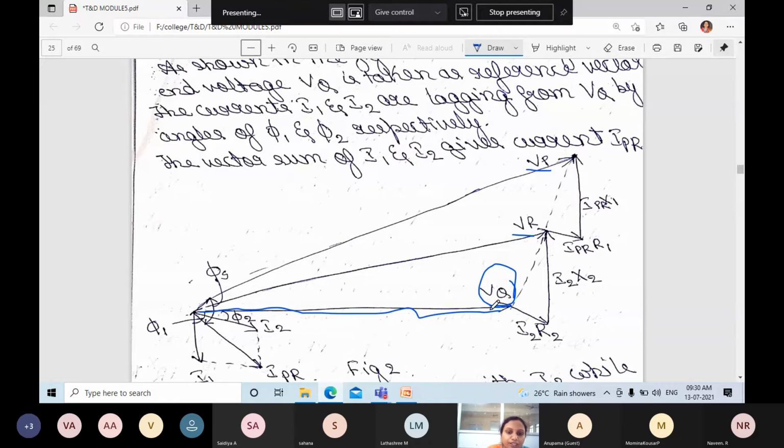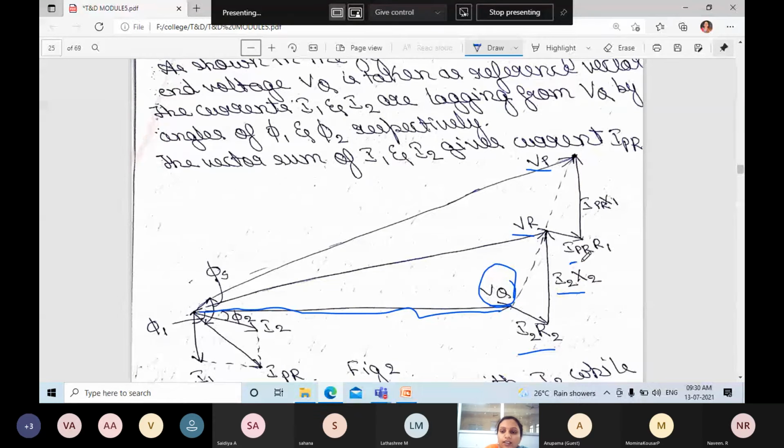Between VR and VQ there is some voltage drop, which we can say is I2X2 and I2R2. Between VP and VR some losses will be there due to resistance and also due to reactance.